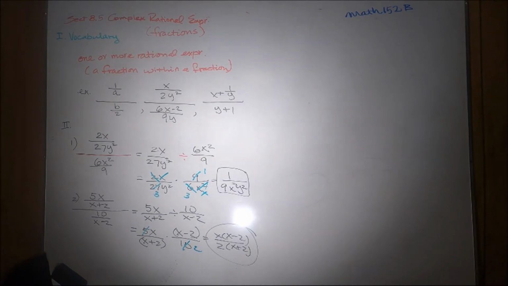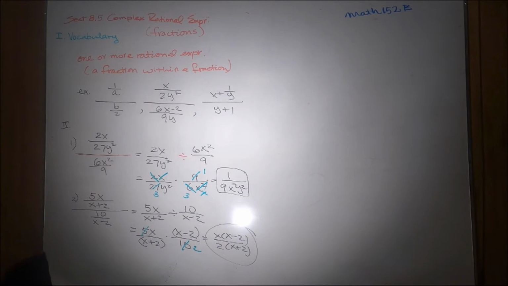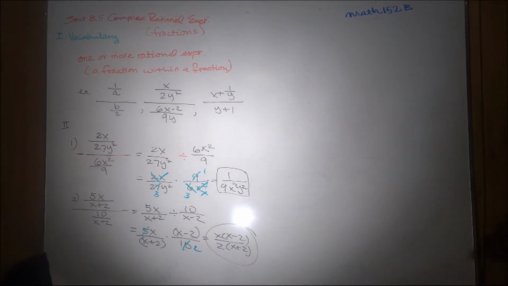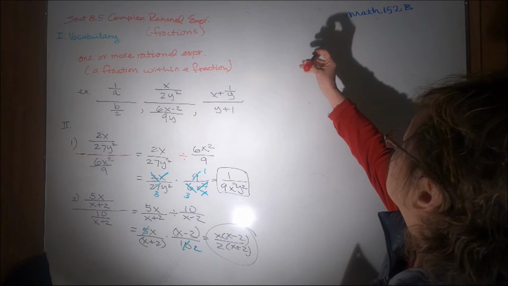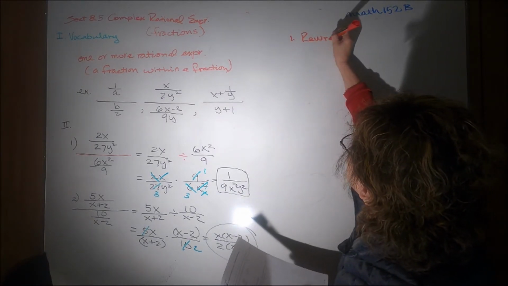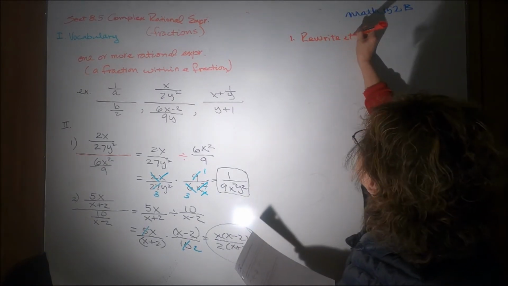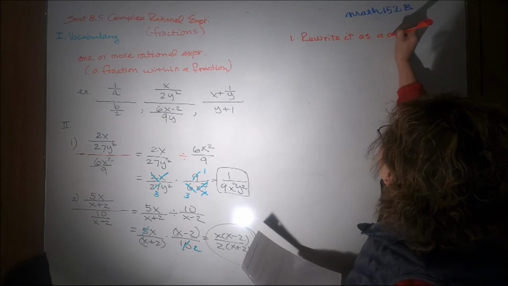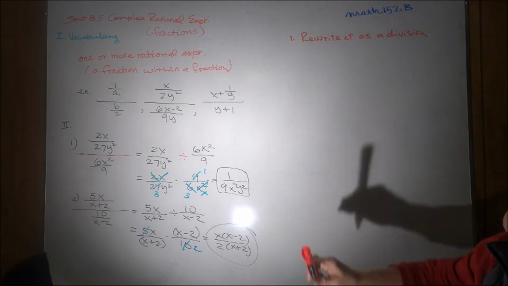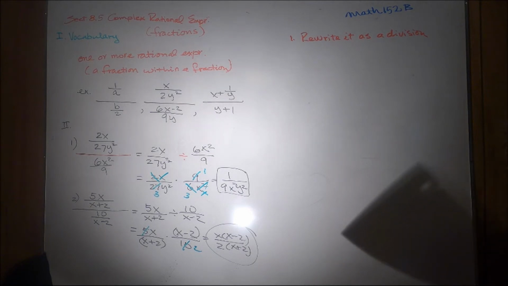So let's write down the steps of how we actually do it. So what do you think? First step, you will do what? You will rewrite it as a division, instead of writing in a complex form.